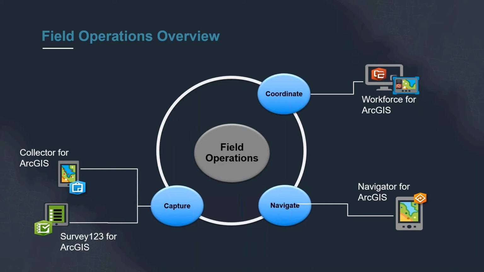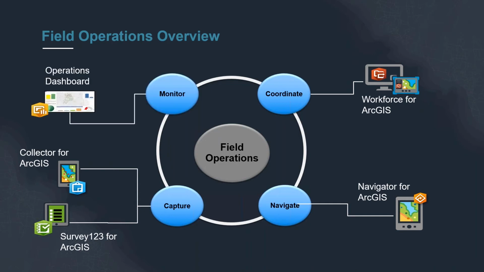And then the second one, Survey 123, which is for when we need to collect other data that is more form-centric, or in a form that has conditionality, then we are going to use Survey 123.